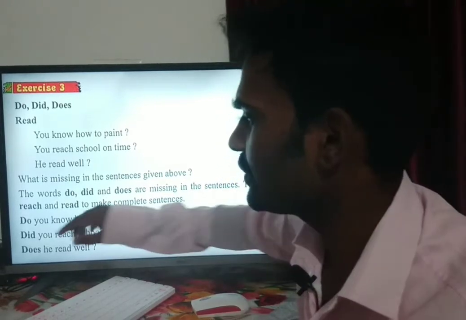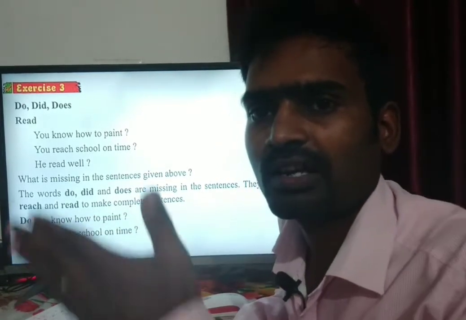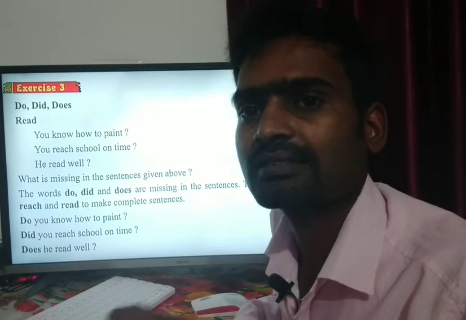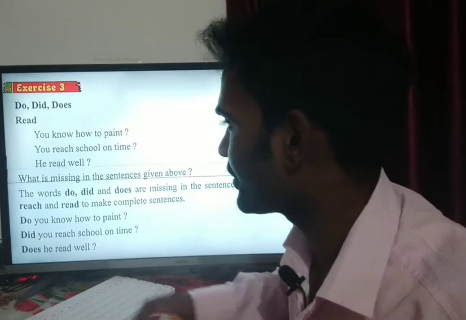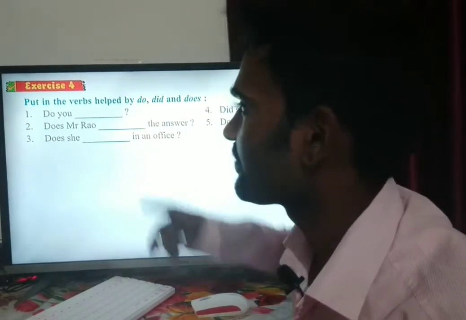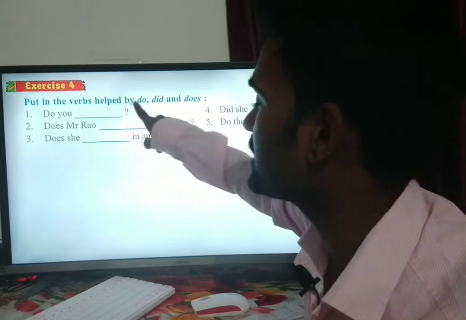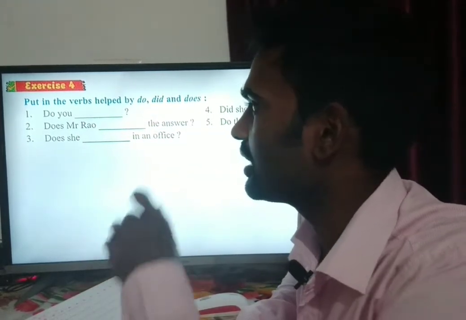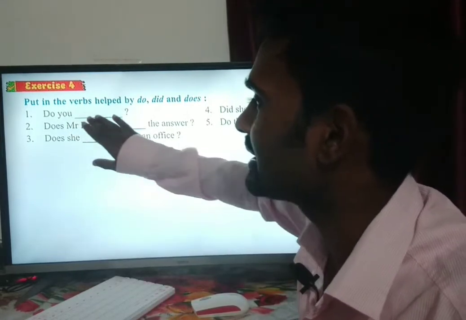So by using do, did and does, we will see some exercises. So from that exercises we will understand very easily, right? Here we go. Exercise 4. Put in the verbs helped by do, did and does, right? We are going to use this sentence as an incomplete sentence.